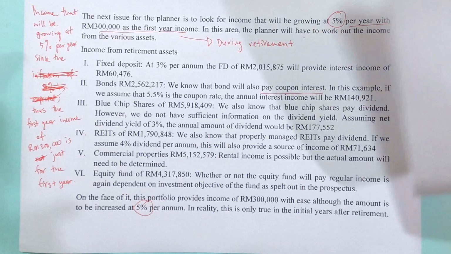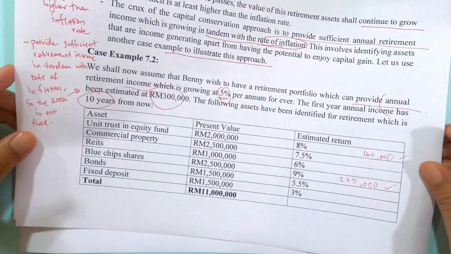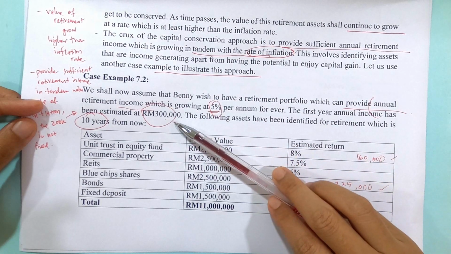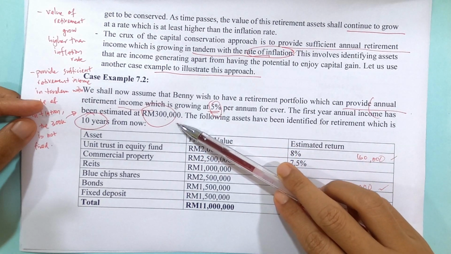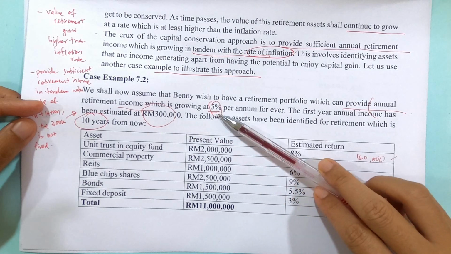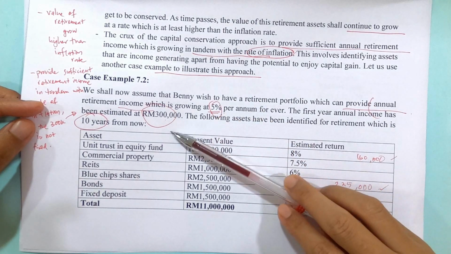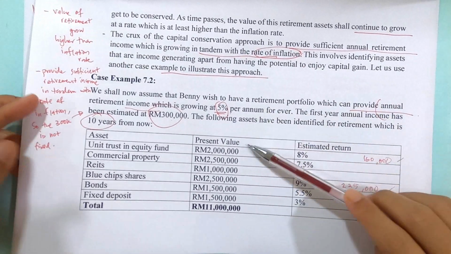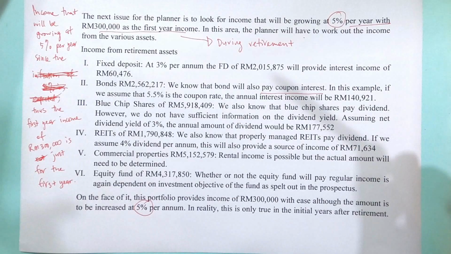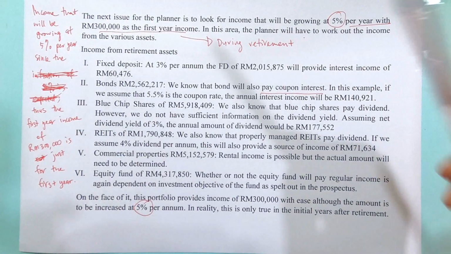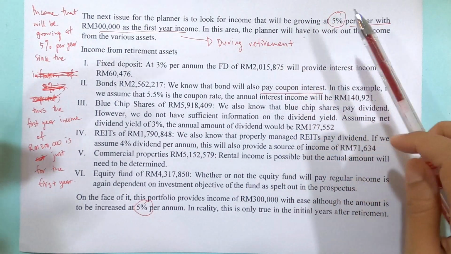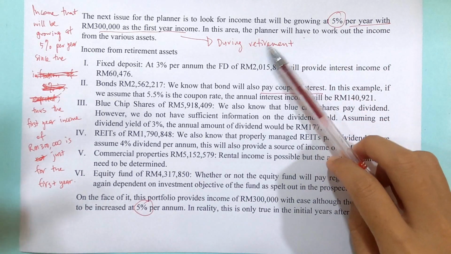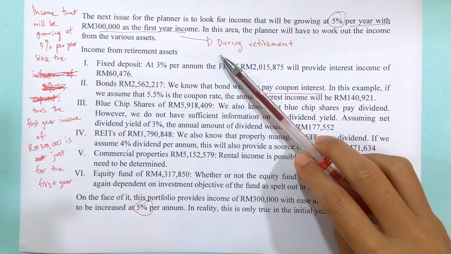So we already understand that Benny needs an increase towards his annual retirement income by 5% per year. The first year should be 300,000, and the next year it will keep increasing by 5%. We also have to understand, as a financial planner, how we can cater for that increment of 5% of the annual income of Benny.